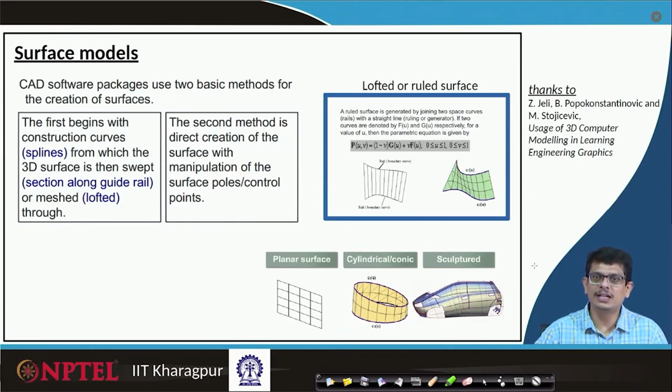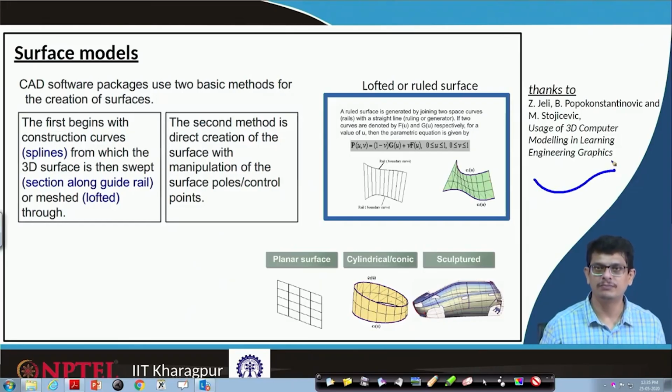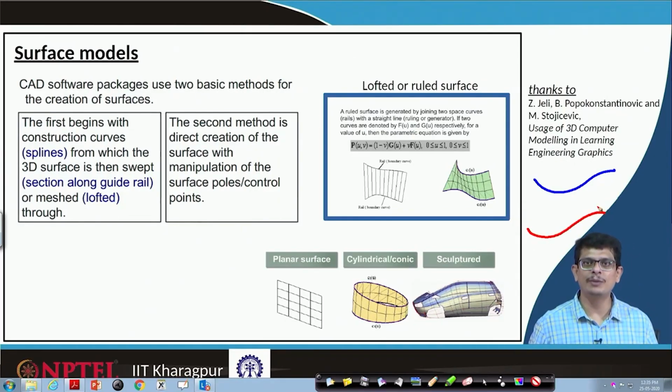The other way of constructing surfaces, which locally look like plane surfaces, are called ruled surfaces. For example, let us take some curve in 3-dimensional space. Similarly, I have another curve. These curves might be parallel, may not be parallel, they might be offset from each other also.